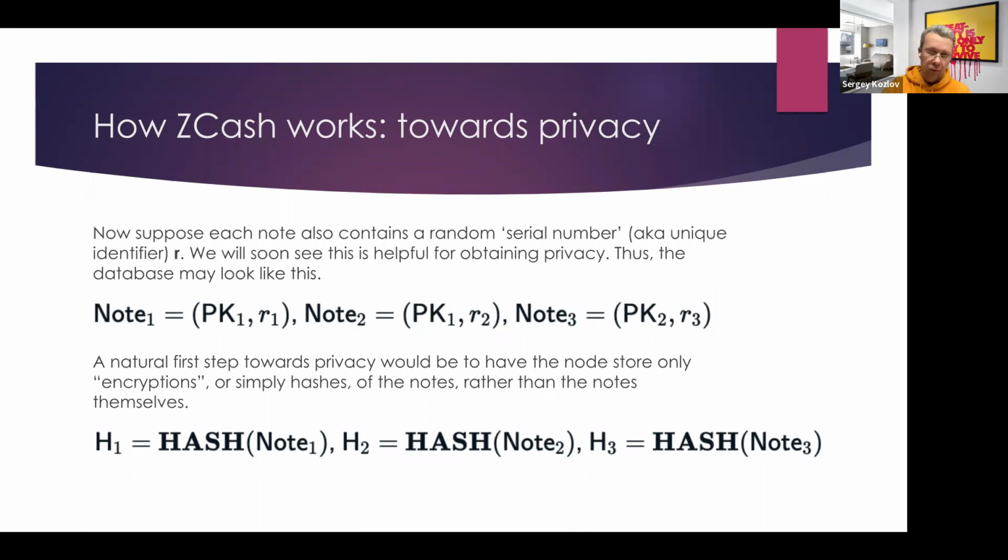And one more step to privacy on our public nodes, which actually work with the transactions: we keep not the clear public keys, but we keep the hashes of nodes. If we keep hash 1, hash 2, and hash 3, you know that you cannot calculate the real value of the public key from the hash value. So that's the privacy already.